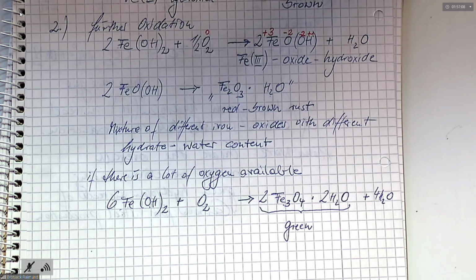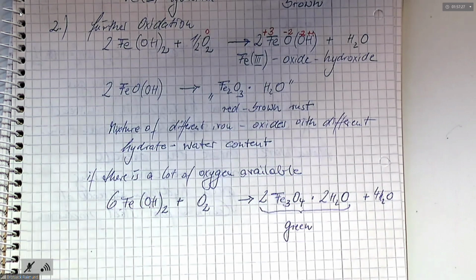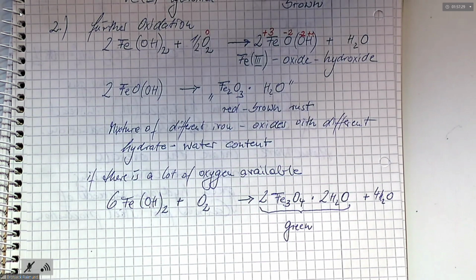Now, 4 times minus 2 is minus 8. 8 by 3, but that is not possible, because an electron can't be split. 8 by 3 is not an integer number, so it can't work. Plus 2 times 3 is 6. Doesn't work. We need 8.